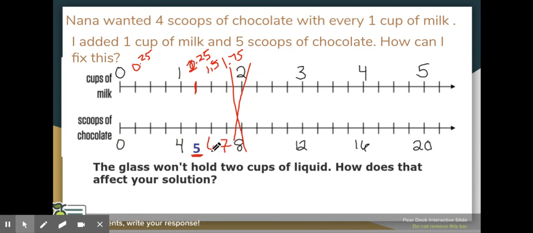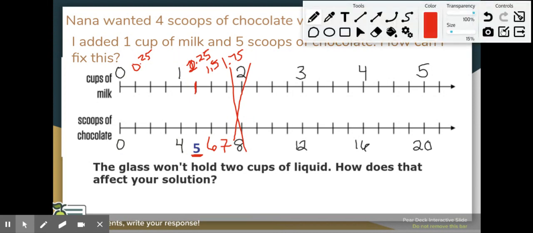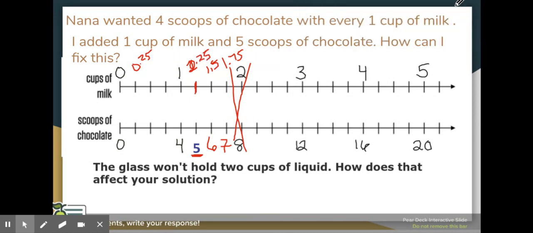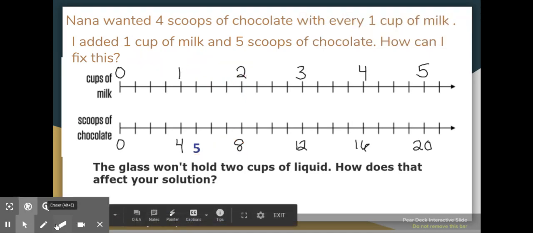Or he could do 6 scoops of chocolate, but then he would have to add a half a cup of milk. He could have also done 7 total scoops of chocolate, and then he would have to add 0.75 of a cup more. And those are all equal ratios, so those could have all worked.